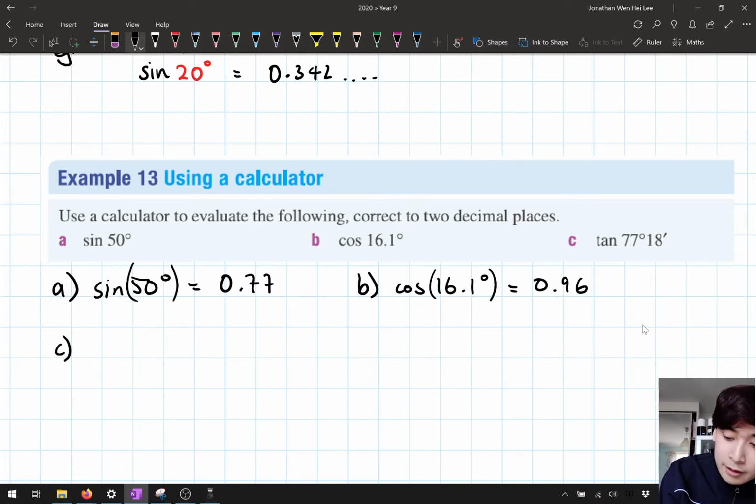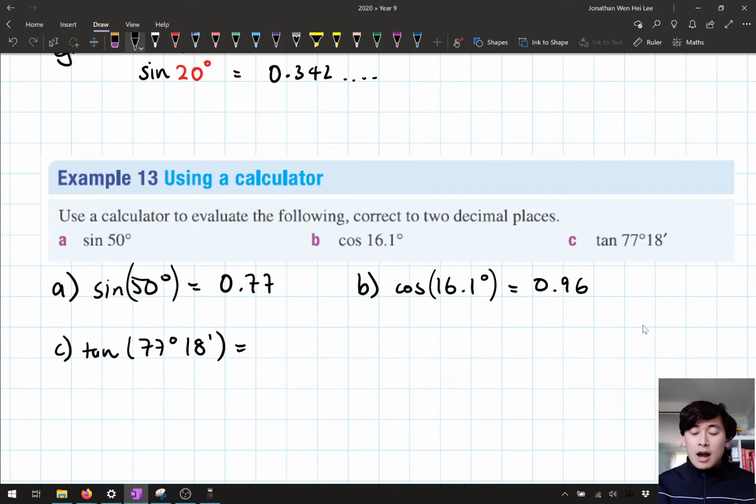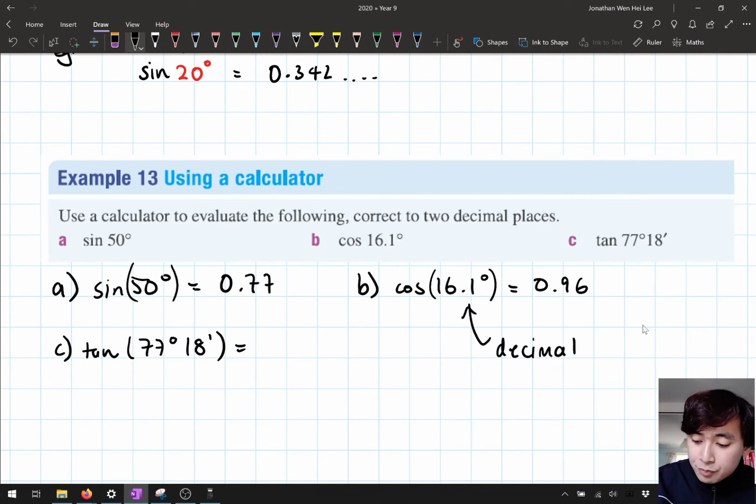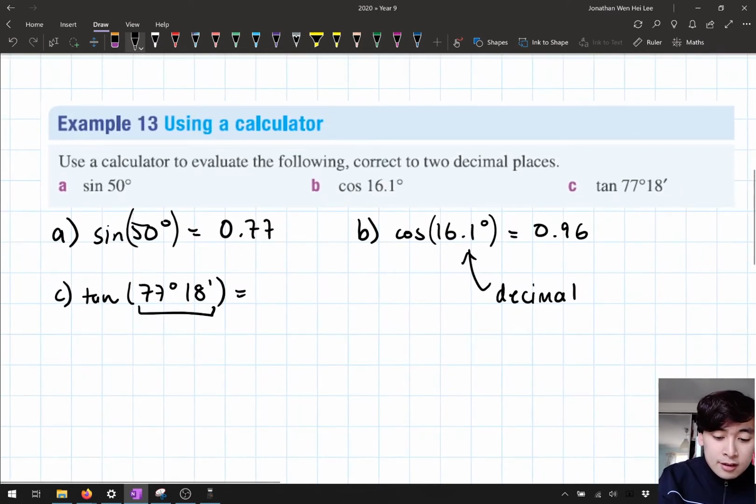Now the last one is tan 77 degrees and 18 minutes. With degrees and all angle measurements, there are 2 ways that you can represent it. You can represent it in decimal form, so you can have 16.1 degrees, for example. But here, this is using degrees, minutes, and seconds.